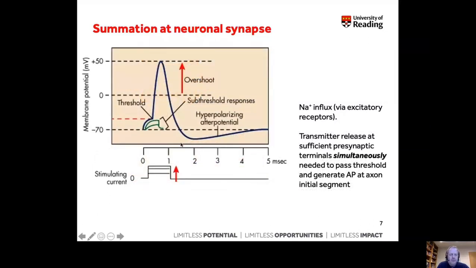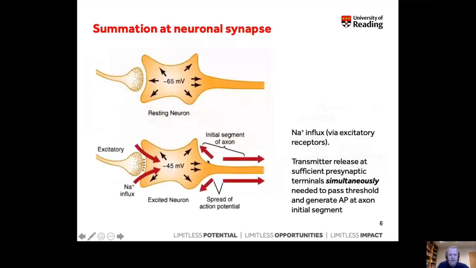This is again a placeholder slide, just to remind you that this is the threshold that has to be overcome in order for the action potential to fire. If we go back here, the action potential is generated once a threshold is reached. This resting neuron, in this case around -65, is depolarized by about 20 millivolts.